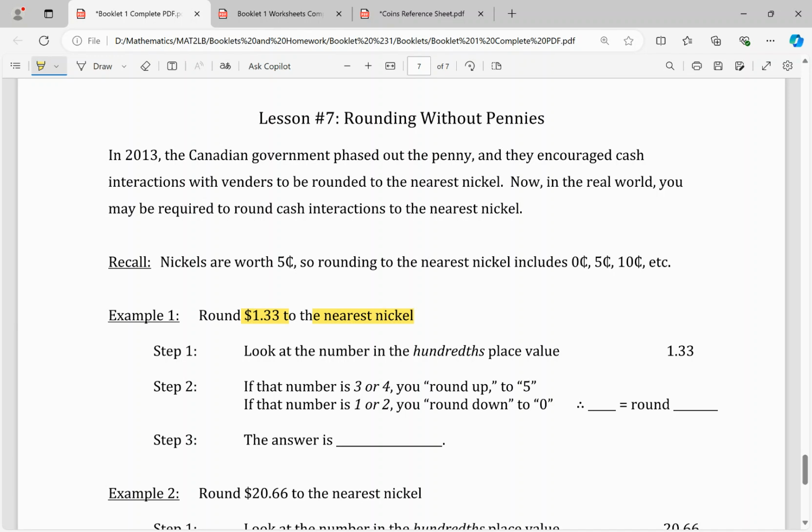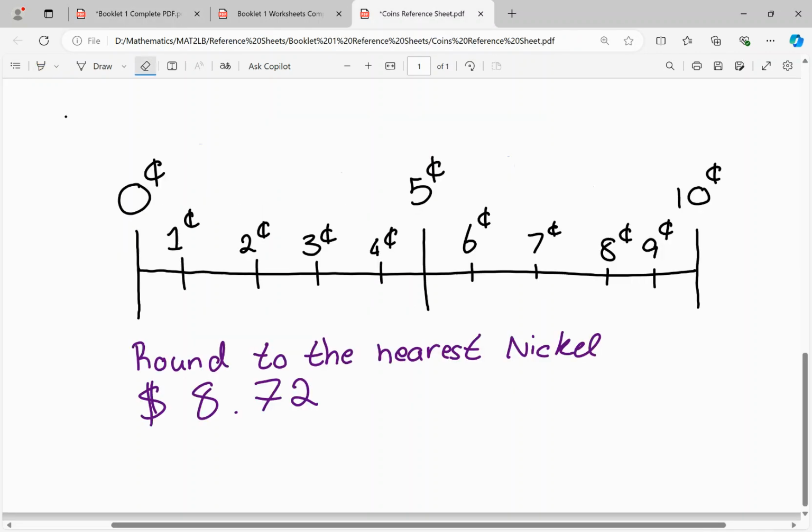The best way to describe how to do this is by using a number line. You don't have to write anything down yet, but please just follow along with my diagram here. Here, I have written down all of our options between 0 cents and 10 cents.